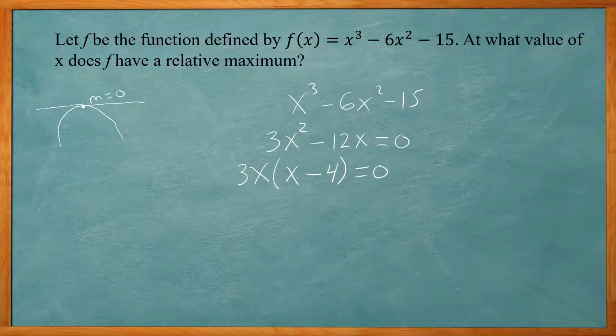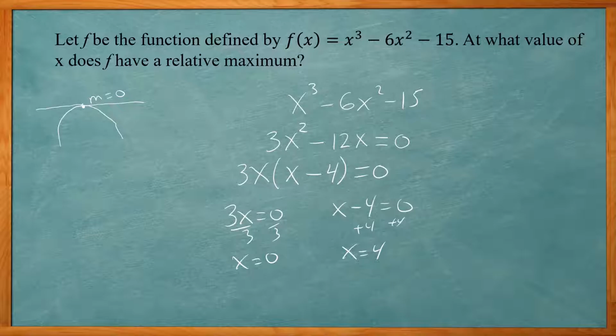That'll be equal to 0, so I can either have 3x is equal to 0 or x minus 4 is equal to 0. Over here, divide both sides by 3, x equals 0, add 4 to both sides here, x equals 4. So I have two choices, x equals 0 or x equals 4.